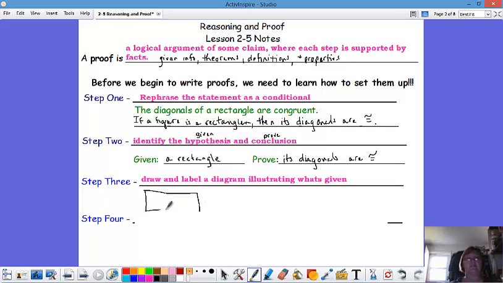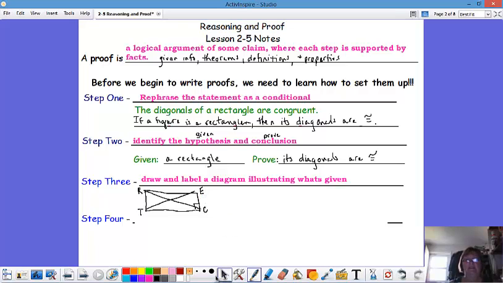Whoops, not very straight. But it's a rectangle because I say it is. And we want to give it a name so that we can talk about it. I'm going to call mine RECT, rect for rectangle. And what we're interested in are the two diagonals from T to E and from R to C. We draw and label a diagram that illustrates what's given.